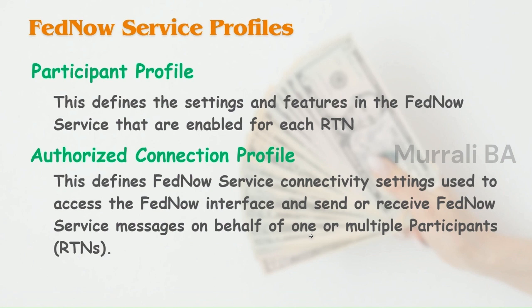Let's see this in simple terms. You have defined the functional features through the participant profile that you are going to provide to your customer. Basically, it is a role that you choose to play. Then you would need to maintain certain technical requirements which offer better connectivity in the interbank space.